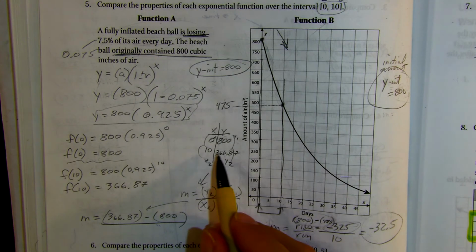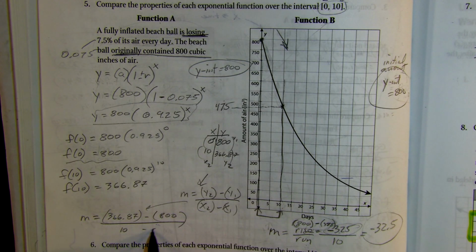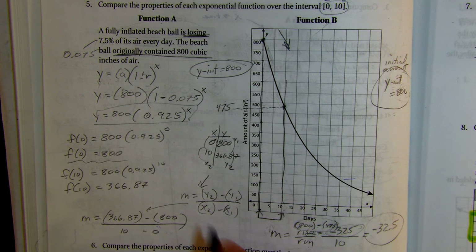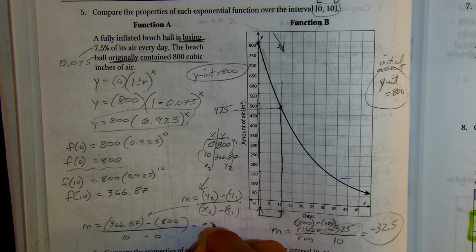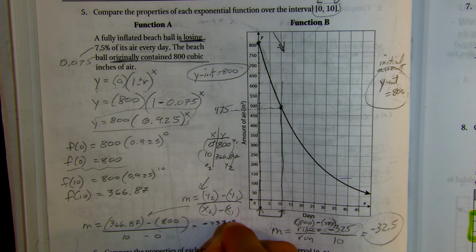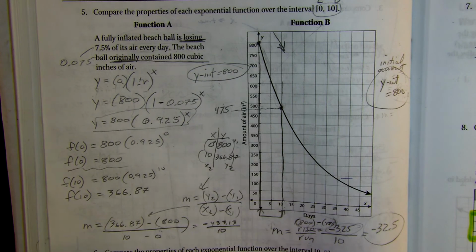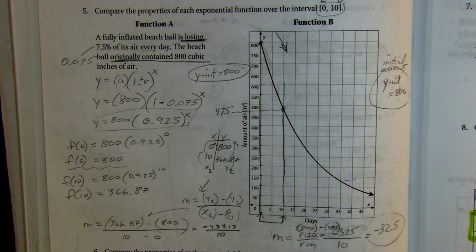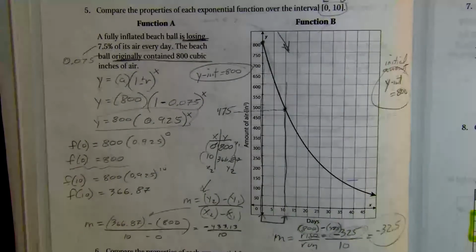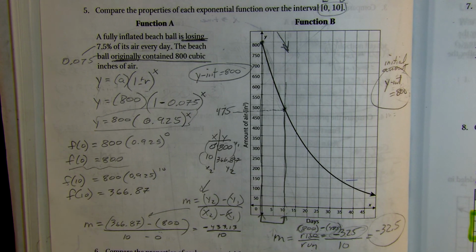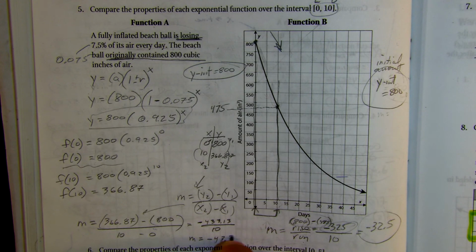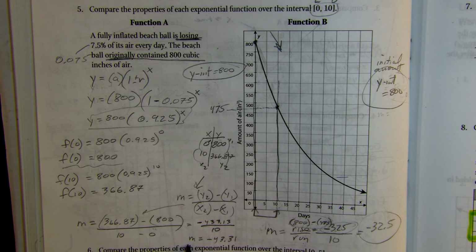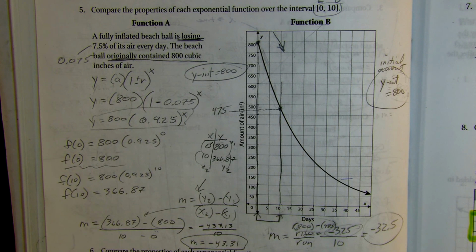Next, x sub 2, 10 minus 0. So we're going to end up with, let's see, we got to subtract 800 from that. We're going to end up with negative 433.13 over 10. So you just divide that by 10 and you get negative 43.31.